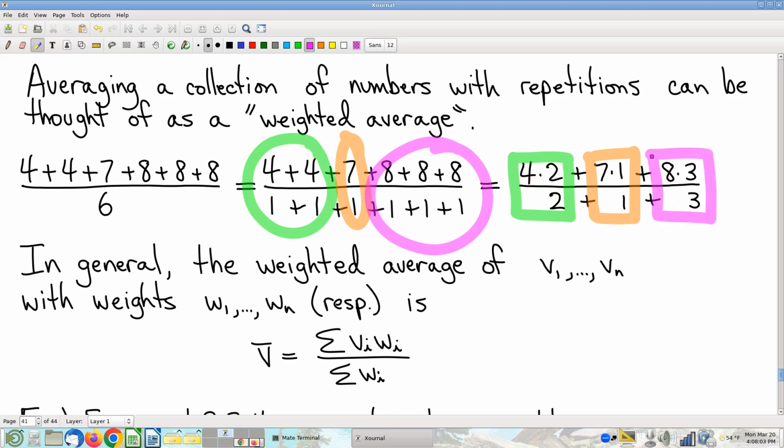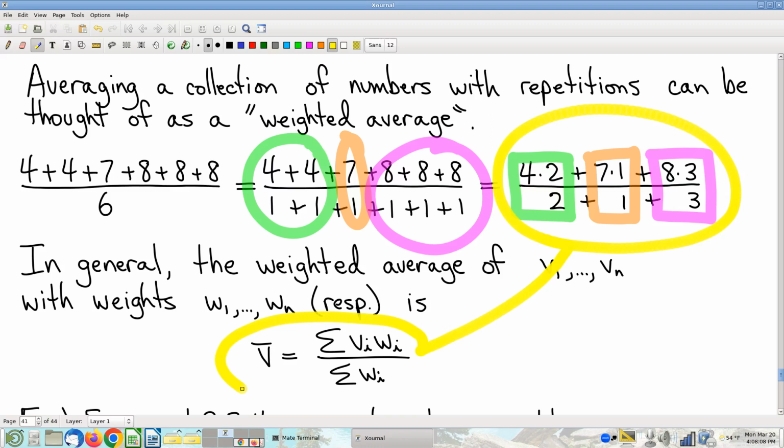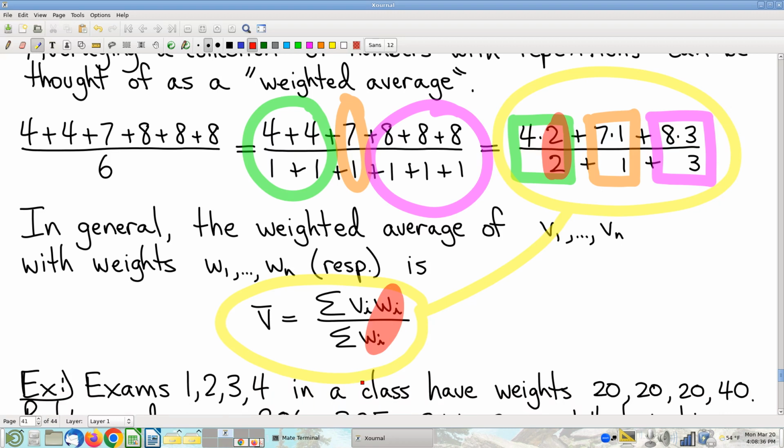So notice then that this construction that I have in yellow, which I'm rewriting with sigma notation down here, is really just a way of saying, I want to average these numbers, and 4 is one of the numbers, but I'm counting 4 twice. So this 2 here, which is one of the W numbers down here in this notation, is a representation of the fact that the 4 is double counting in the average.